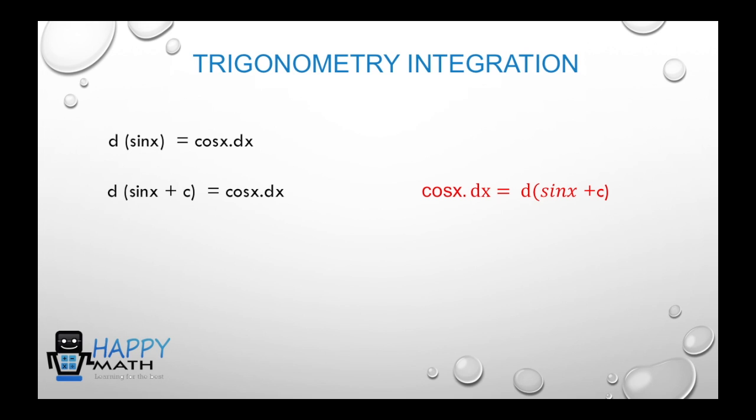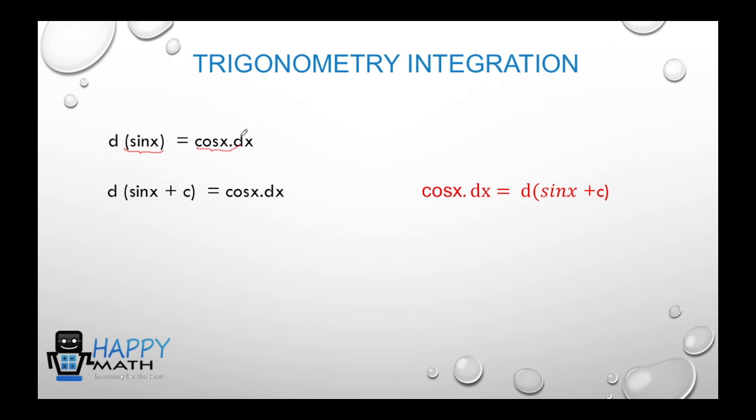First, you have learned about the derivative of the sine x function. D of sine x becomes cos x times dx, and the main function from inside the derivative comes out and becomes cosine. As you can see, what is on the right side of the derivative moves to the left side.